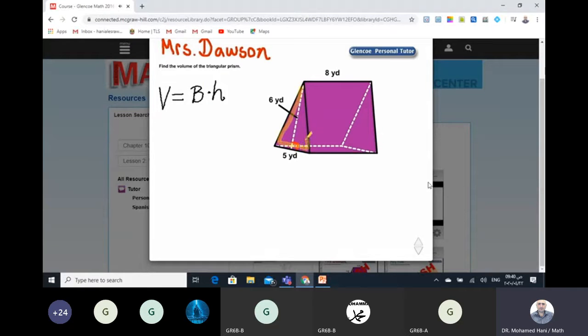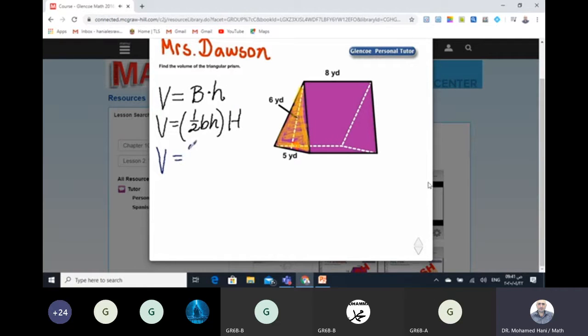The base of this prism is a triangle. And the formula to find the area of a triangle is 1/2 times the base of the triangle times the height of the triangle. Don't allow yourself to be confused with both of these H's. We'll make this one a capital H to stand for the height of the prism.